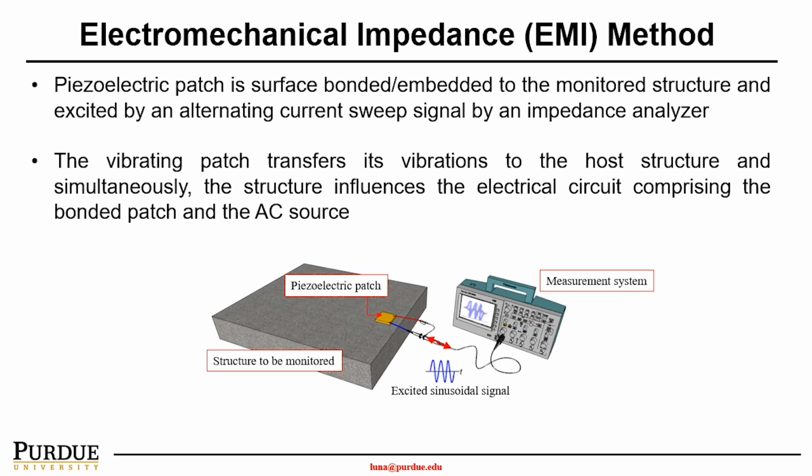Another similar type of method is called the electromechanical impedance method. In this case, we use a piezoelectric sensor attached to the concrete, giving an AC signal to vibrate the sensor. So the sensor will send an elastic acoustic wave, and based on the wave transmission, reflection and attenuation, we can understand the stiffness of the material.